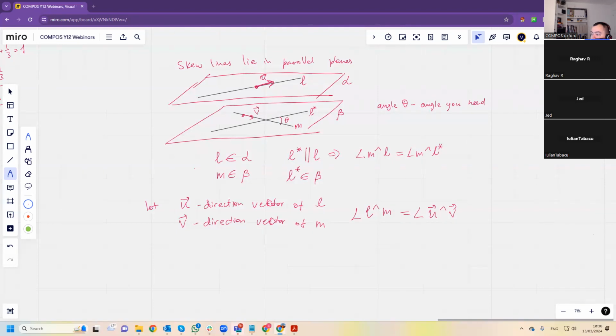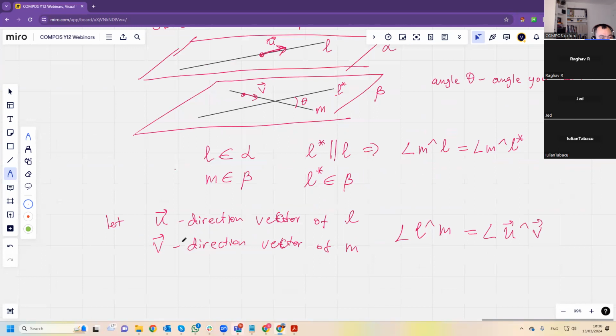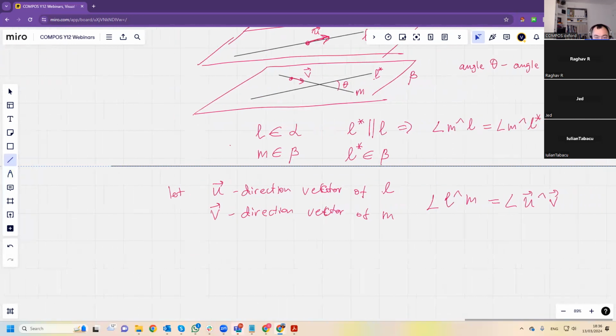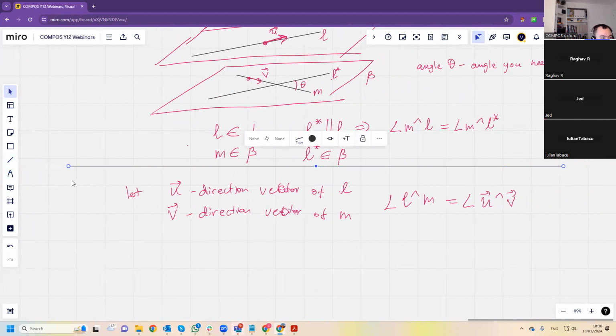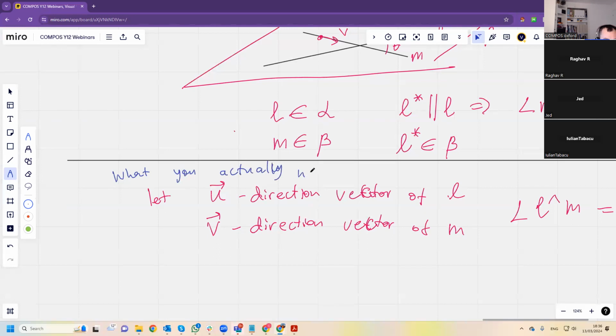Of course, you don't need to find a parallel vector. All you need is to find the direction vector of L and the direction vector of M. This is just the explanation of how you can have an angle between two lines which don't intersect. And this is what you actually need to do.